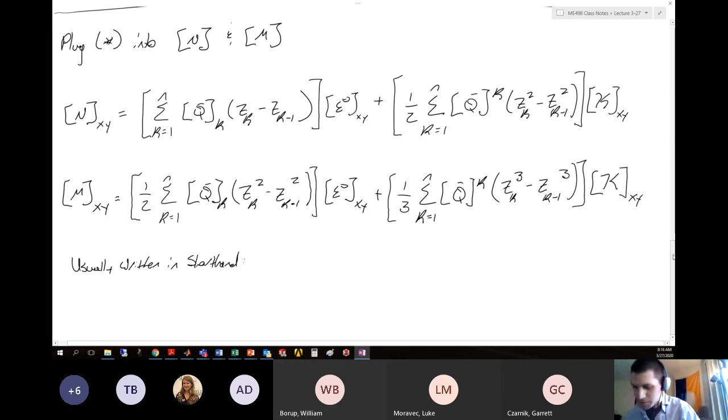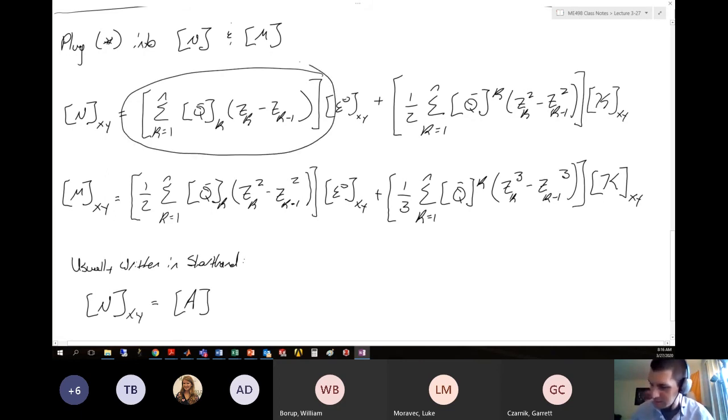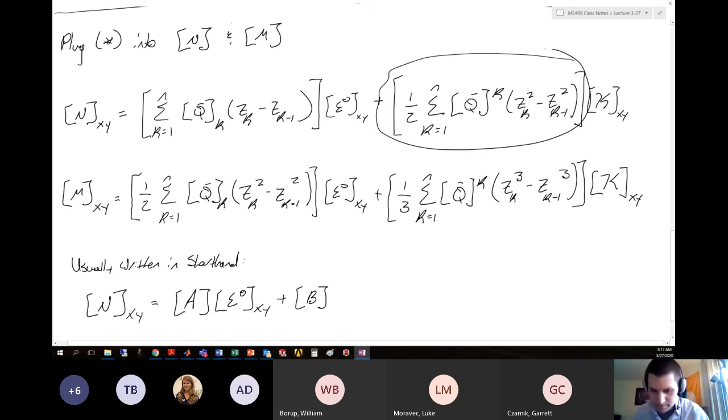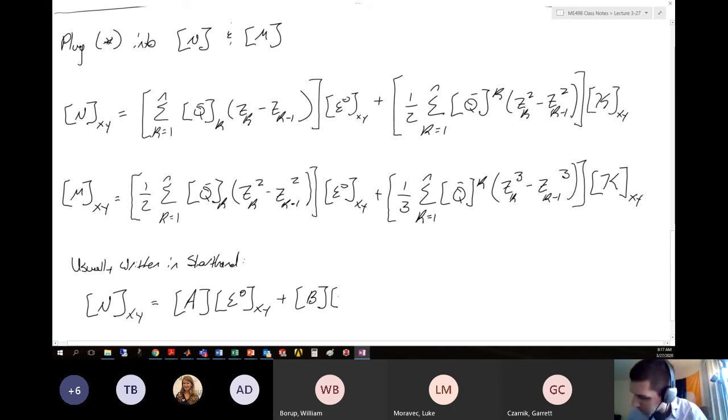In shorthand, it's written as the forces that you apply in the global coordinate system xy equal to some matrix A that encompasses more or less all of this stuff here, multiplied by the midplane strains, plus some matrix B that encompasses all of this stuff here, times the curvatures that develop, kappa xy. This is a shorthand notation to describe what we've written above.